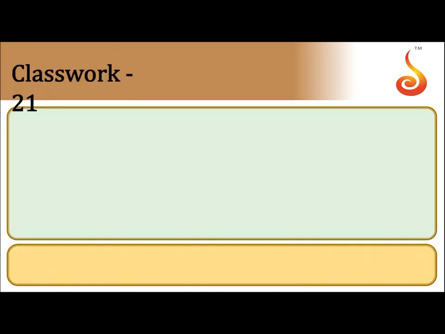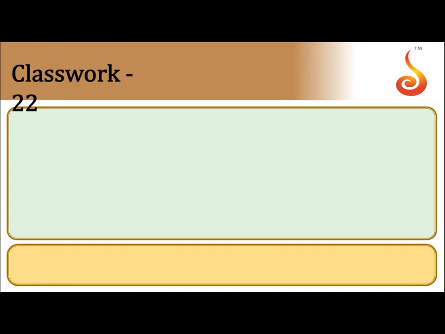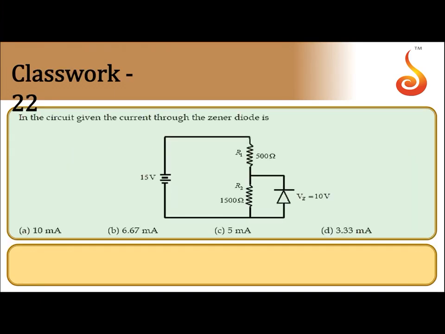Yes, let us move on to next one. In the circuit given, current through Zener diode is. So there is 15 volt battery here, 500 ohm here, 1500. Across this Zener diode is connected.